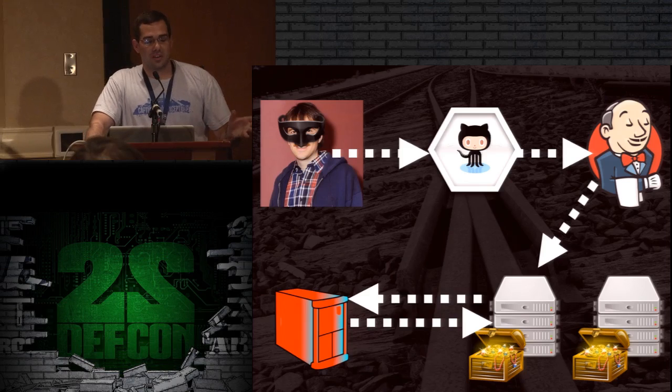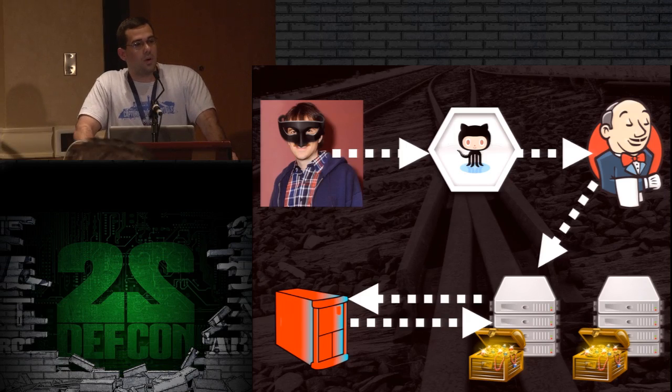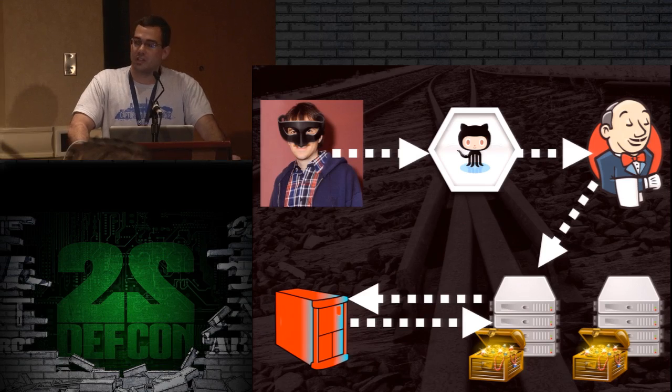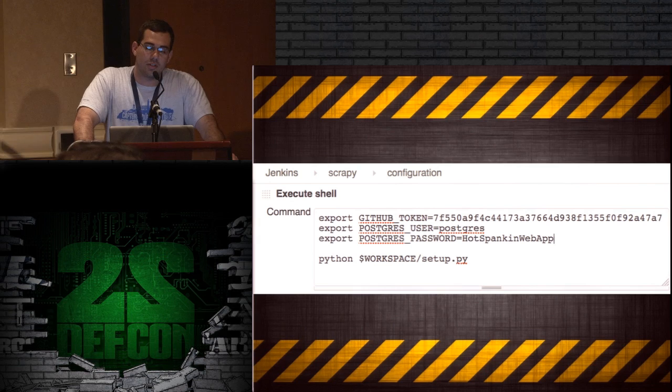So what's the other option, right? The other option is instead of a repository, there's a server with information that we want to steal and sell. So one thing you can do is propagate things for persistence, like think reverse shells or things of that nature. The other option is to try and extract the secrets that Jenkins has out of the build. There are two different ways to manage environment variables in Jenkins.